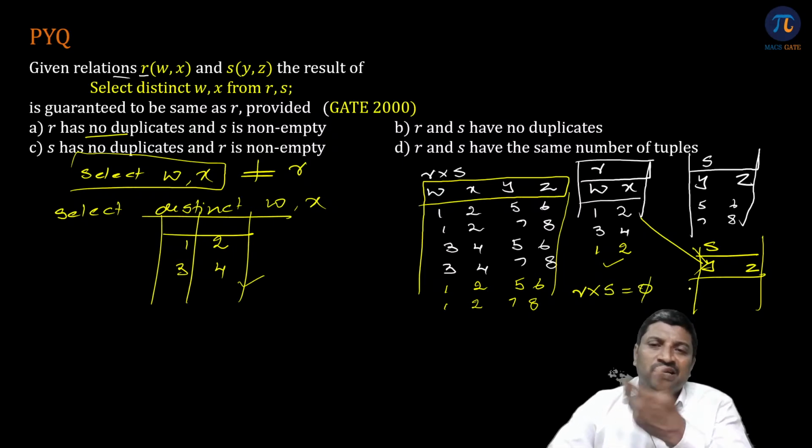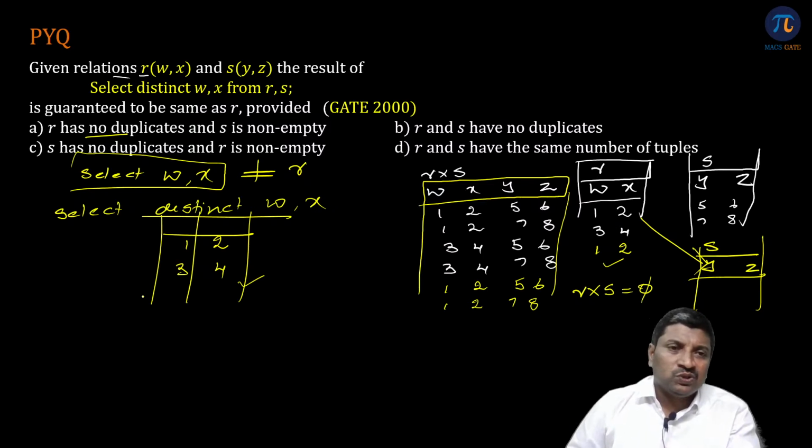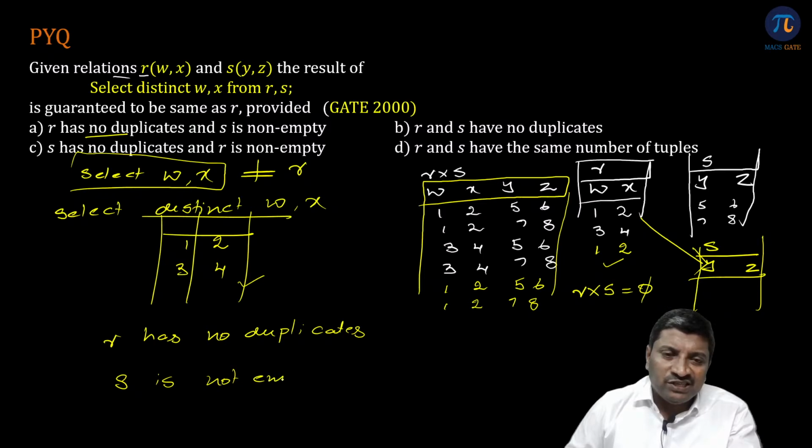When there are no tuples, how can you recall these records, sir? It's not possible. So compulsorily, the first one is R has no duplicates. The second one is S is not empty, because if S is empty, the cross product will become empty.